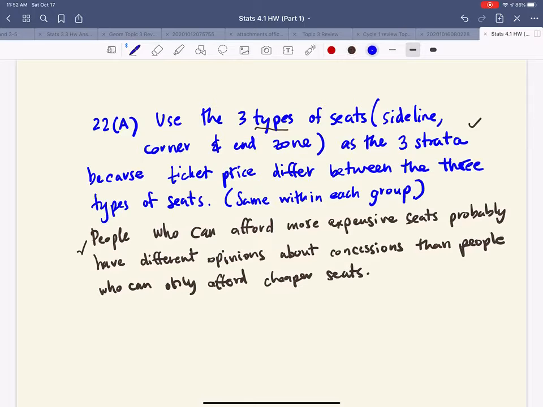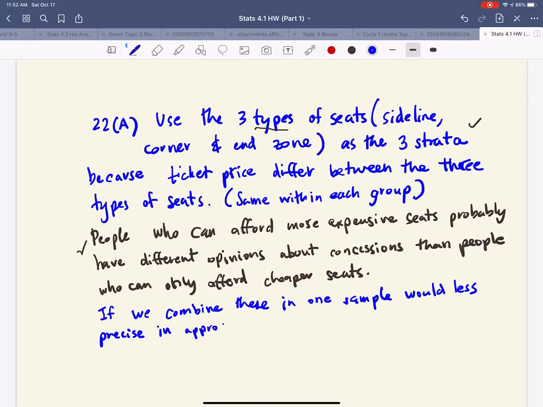Because of the whole Justin thing, we noticed that if we combine these into one sample, it would be less precise in approximating opinions than it would be if we stratified by seat type.